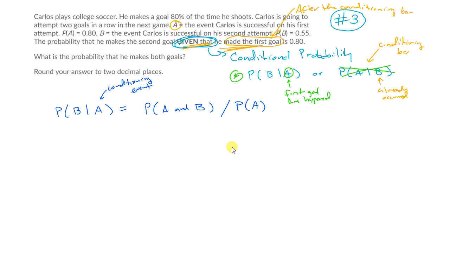Now, what information do we have? They're giving me P of B given A, right here. They're giving me probability of A, and we need to figure out this guy, probability of A and B. That's what they're asking about. They want to know what is the probability that he makes both goals, right?